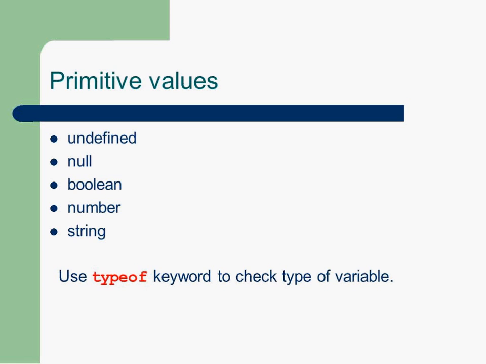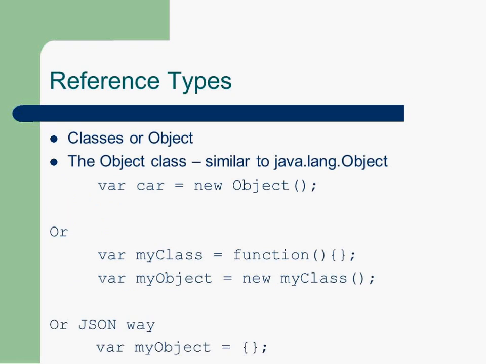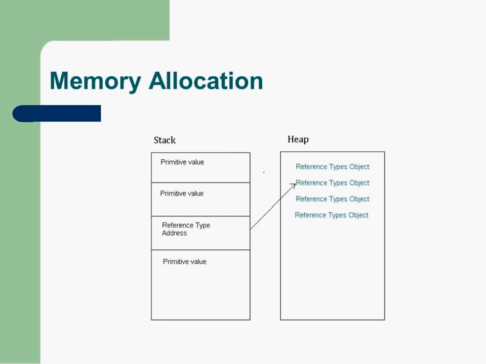Like built-in kind of objects, the space they take is constant, so those get saved on the stack. Next slide I will show. All those primitive values go on the stack.